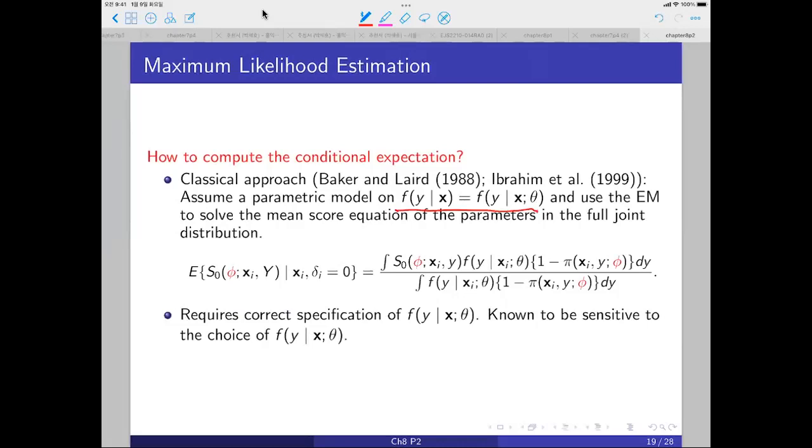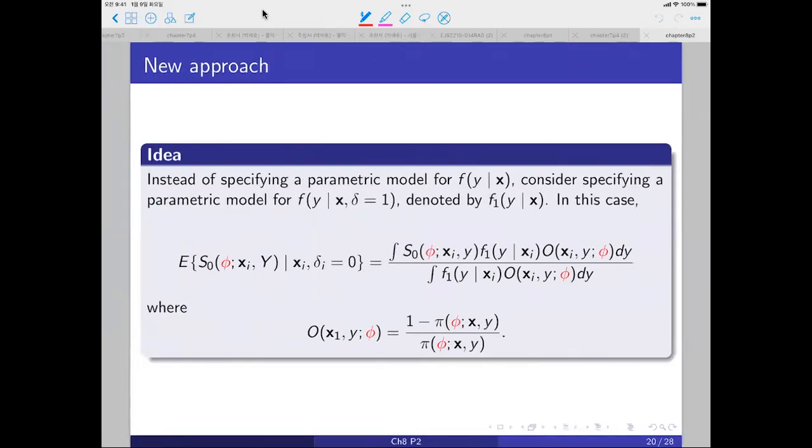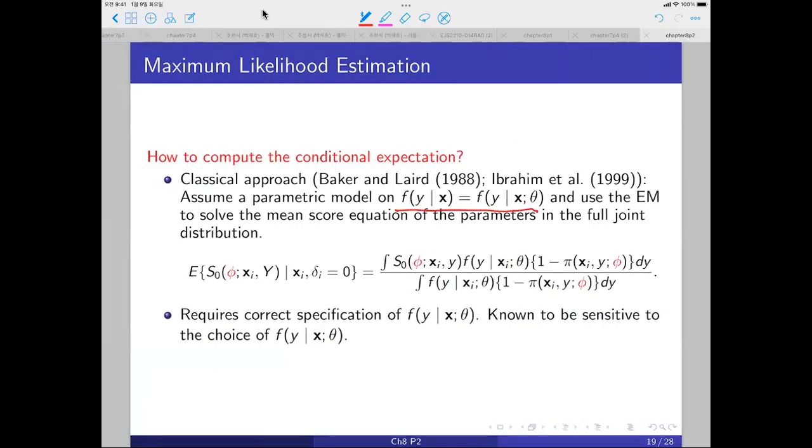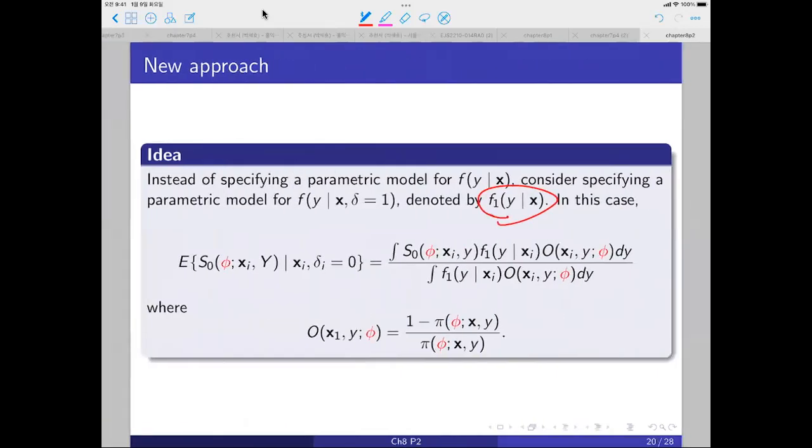So that's one way. Another approach is to use F1. So two choices. One is to use F, which is the classical choice. The new choice is F of y given delta equal to 1. Then you can still compute the conditional expectation using the other function.